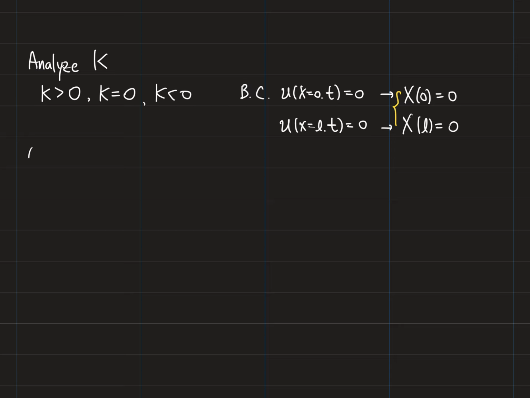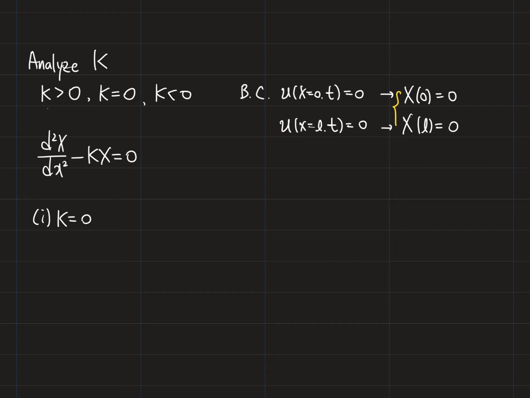Okay, the first case, k equals 0. So if k equals 0, our spatial equation just simply becomes, let's write down the spatial part equation somewhere here. First case is k equals 0.